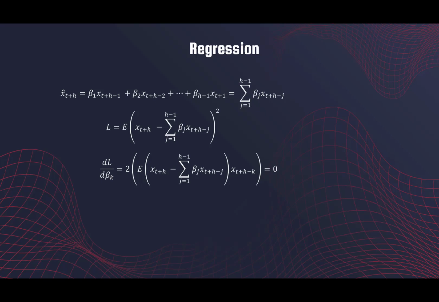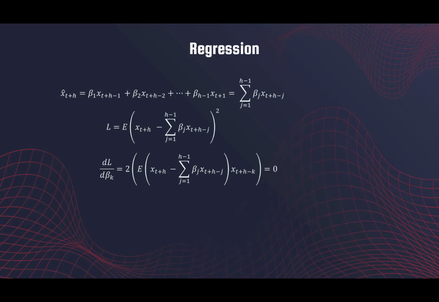However, it's rather tedious to write each of these derivatives, so this is a general way of writing it. So derivative of L with respect to beta k, where k can take any of these values. K can be 1, 2, anywhere, or it can be h minus 1. So derivative of L with respect to beta k has this form.